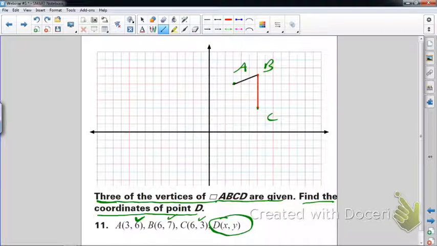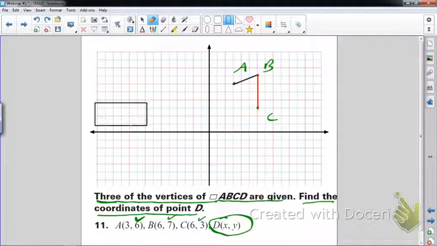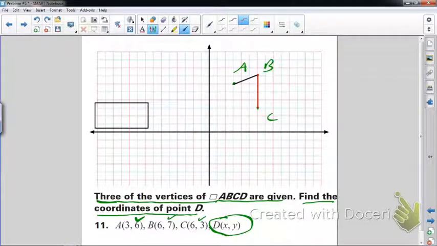So how do we figure out where D is going to be located? Well, we know something unique about a parallelogram, right? Let me draw one really quick. It's not going to be perfect, so just bear with me. We know that we have parallel sides.